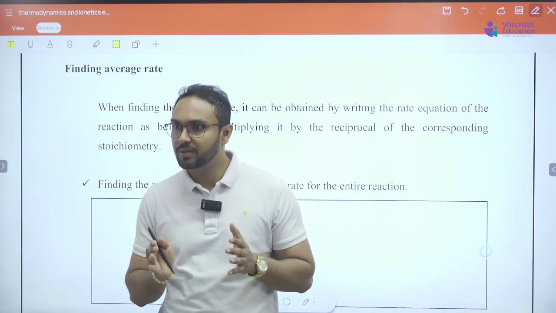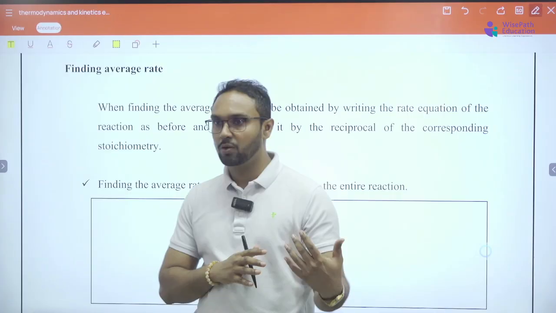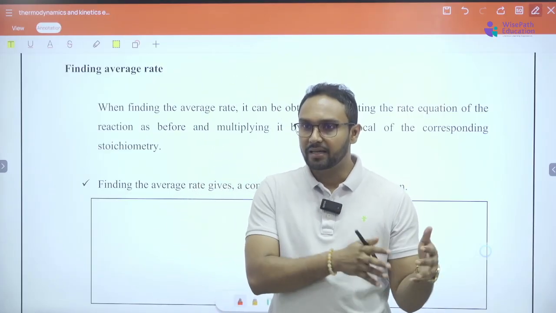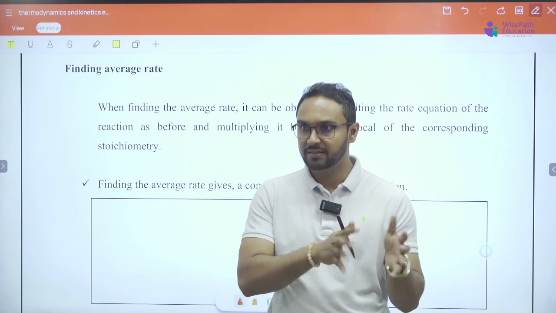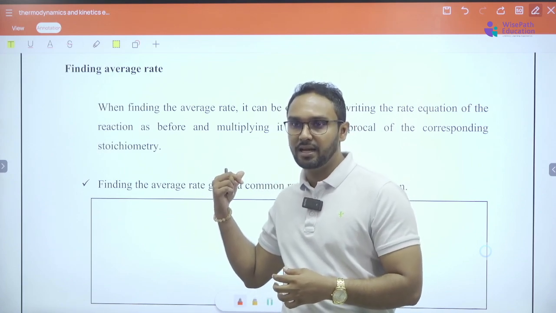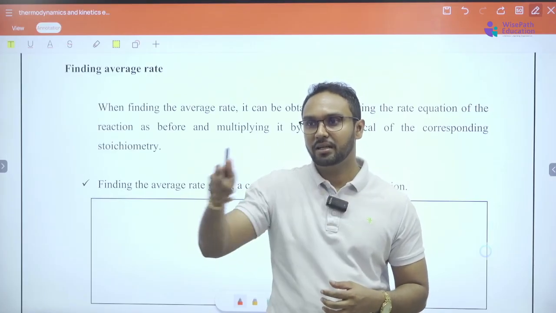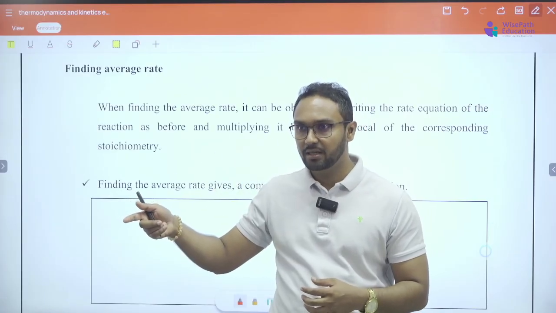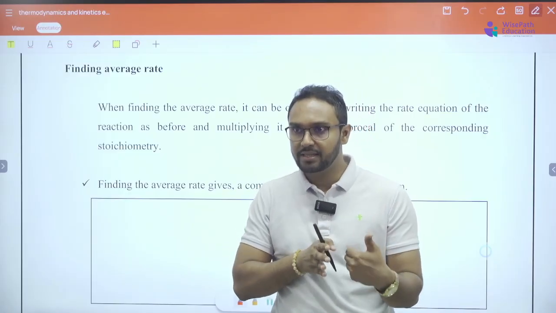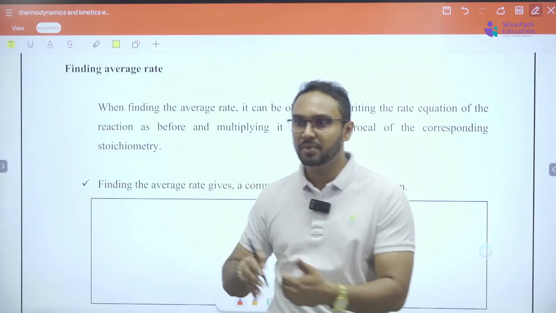It has to have a common value that gives the same value for all the reactants and products. But when the stoichiometry changes, the rate changes, right? We now need one exact same rate of reaction for each and every reactant and product.